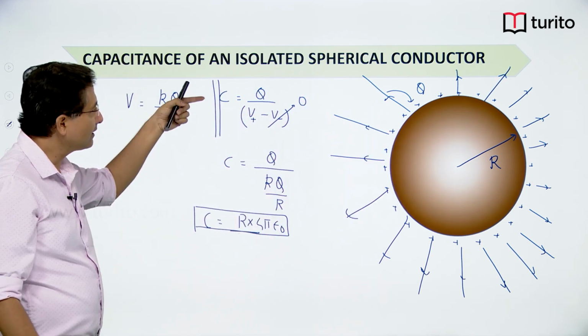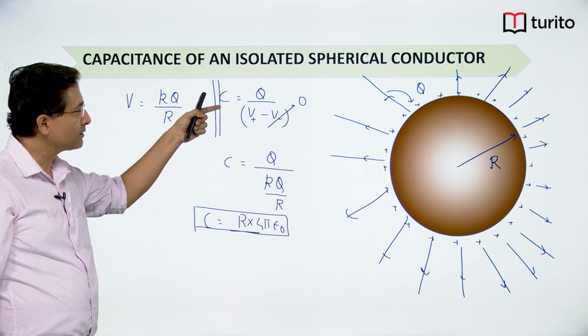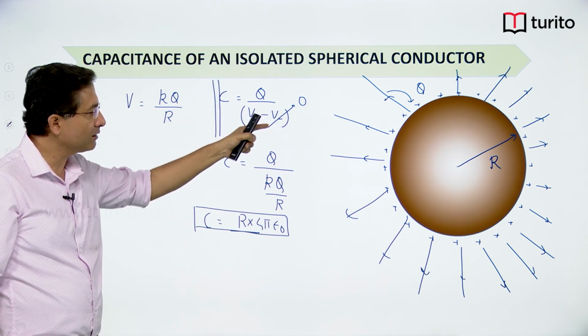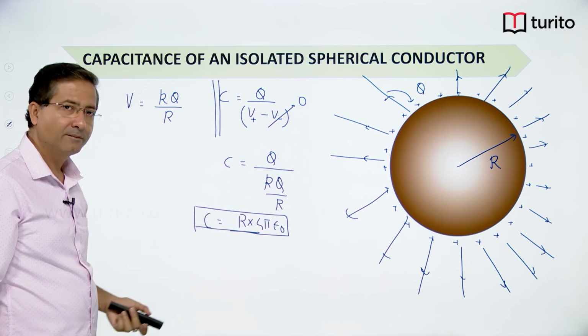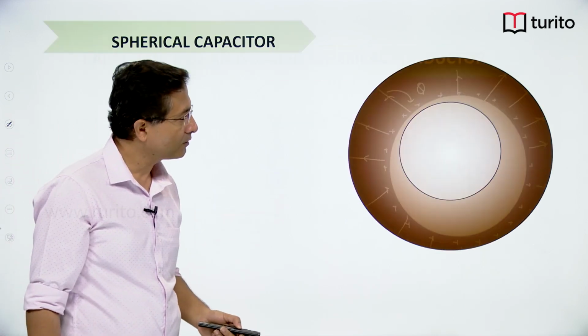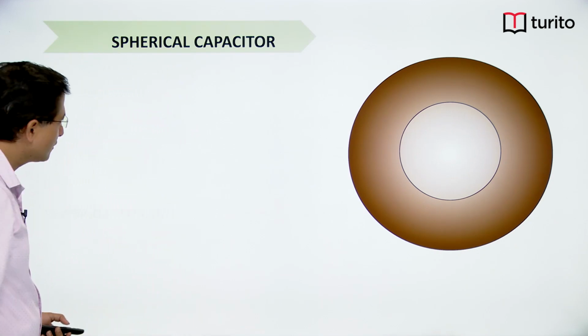To calculate that I have to again follow the same procedure. For capacitance, charge divided by potential difference, get the potential difference between two conductors, simplify, you will get capacitance. Let us see. So, spherical capacitor, okay.